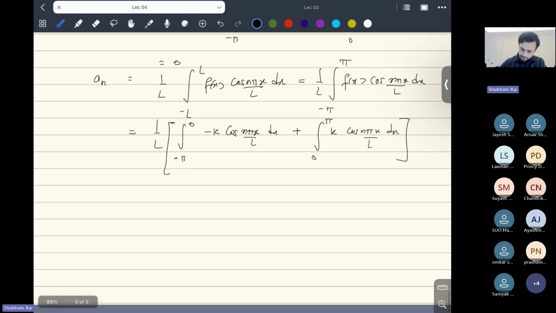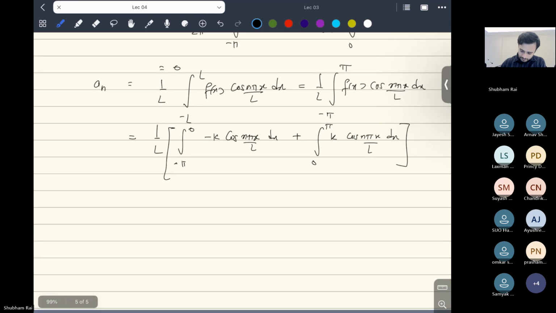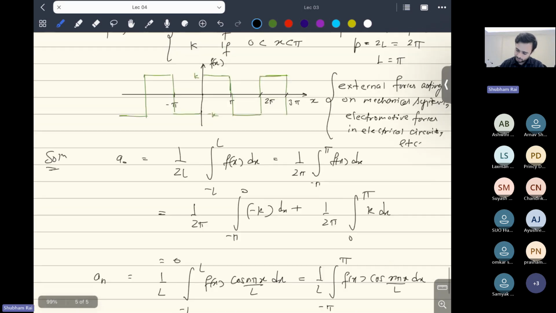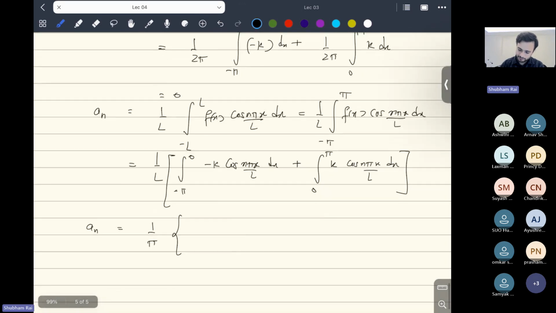So let's solve this. And you are right that it will be 0 because it is an odd function, but I just wanted to prove it. Okay. So anyway, 1 by pi, and because L is pi, I think I should substitute L is equal to pi here itself.